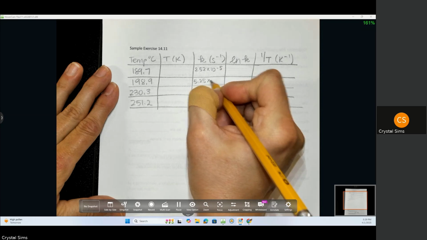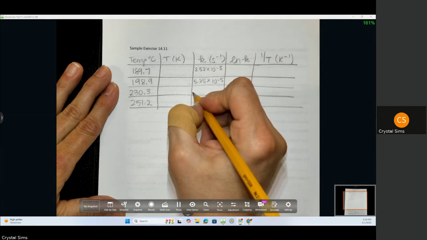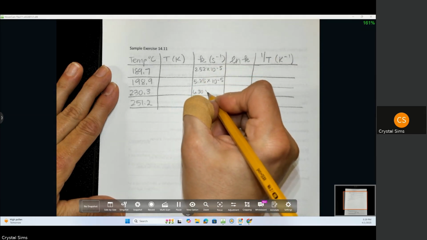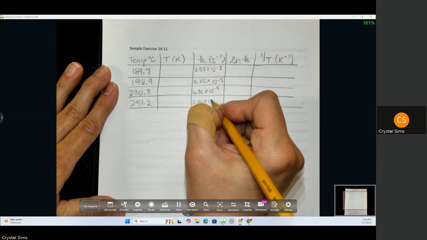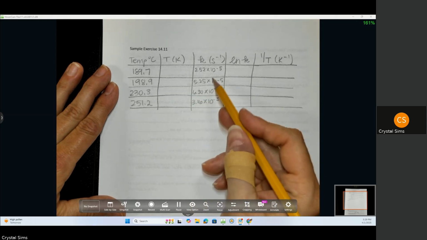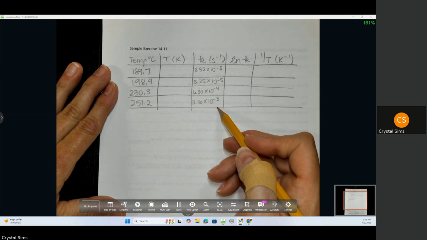I probably should have made that box a little bit bigger. And we can see as the temperature increases, our rate constant gets smaller.